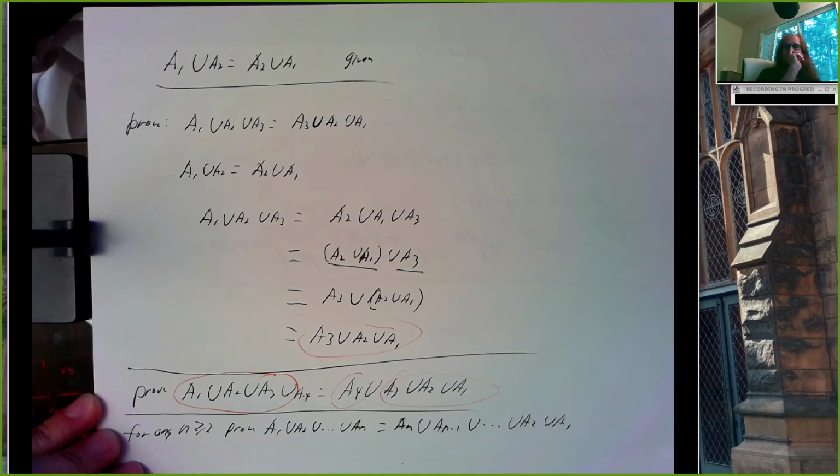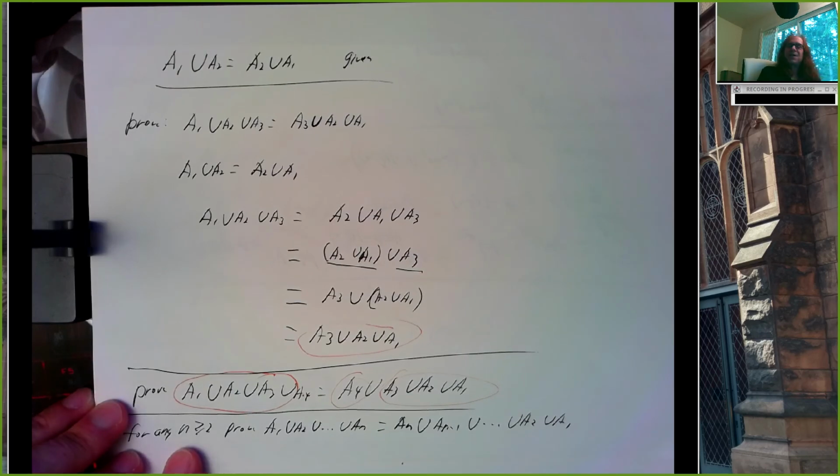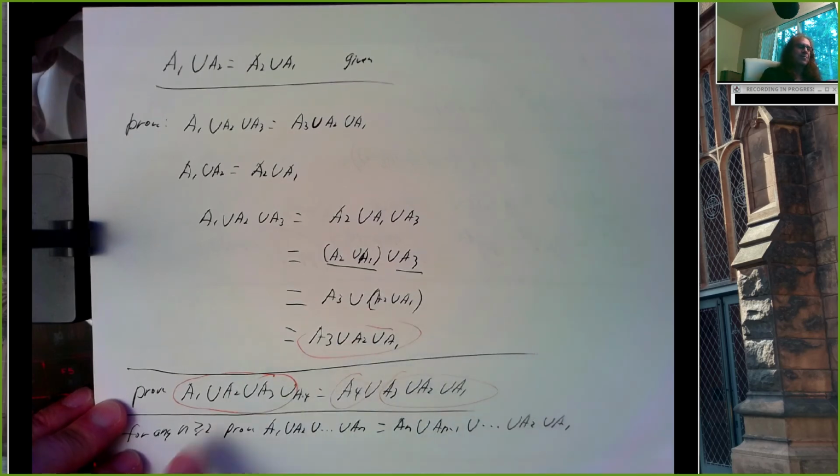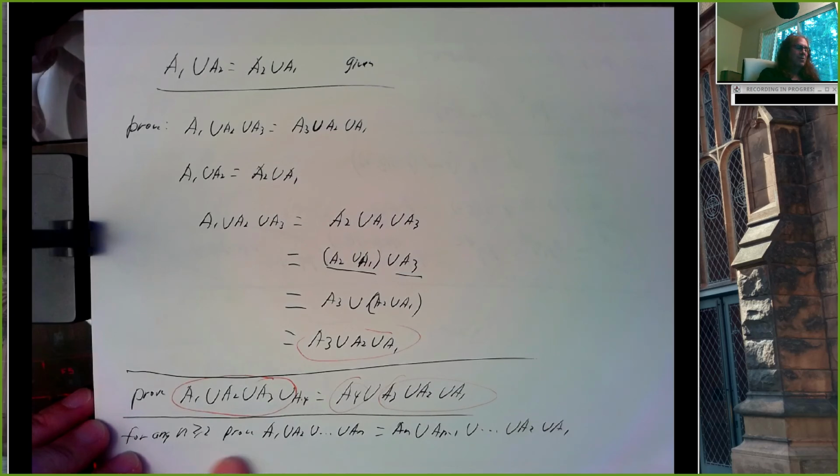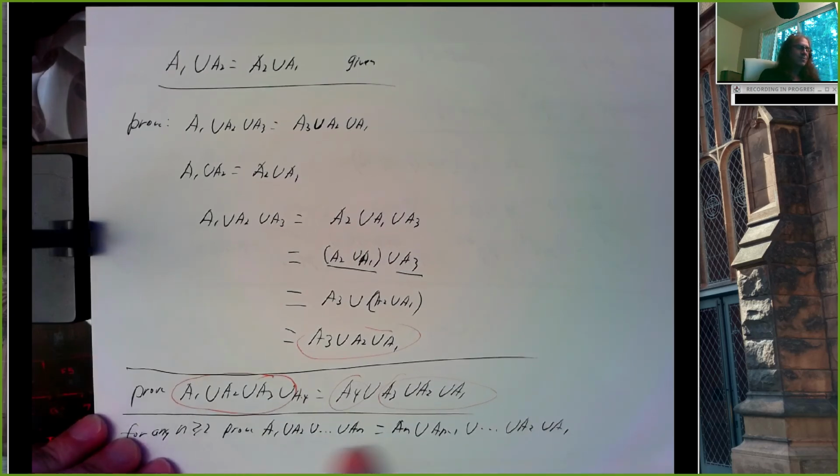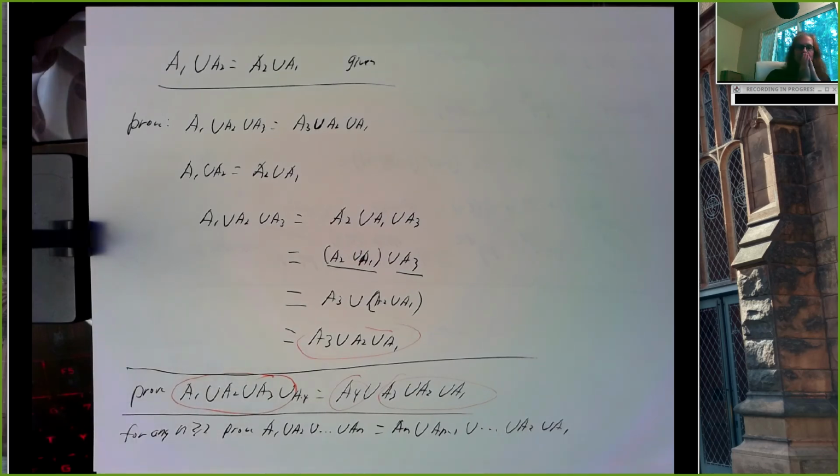But how do you make the leap to say it's true for any n bigger than or equal to 2? It's true for 3, 4, 100, 1,000, 1,000,000, a zillion. How do we do that without actually going through a zillion pieces of paper and working our way up and showing this? And the answer is going to be mathematical induction.